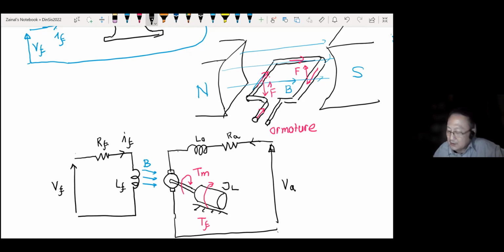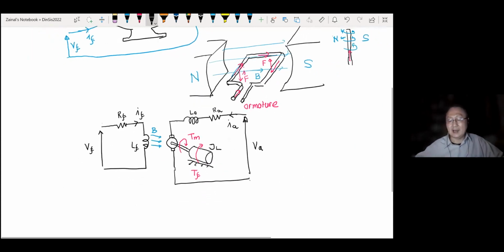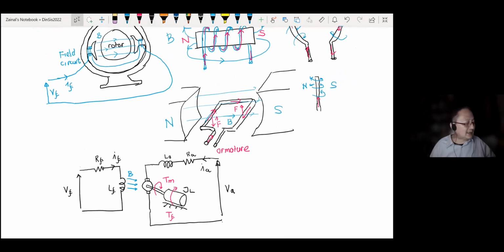Due to the voltage applied to the armature, we have armature current. The derivation of this one is a bit long, so I want to derive this next week.